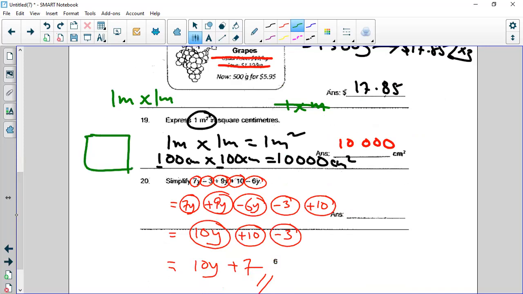Every side of the square is the same. So what is the area? Length times length. 1 meter times 1 meter is 1 meter square. So you have to write 1 meter times 1 meter equals 1 meter square. And what is 1 meter? 1 meter is 100 cm. So it's actually your primary three lesson.